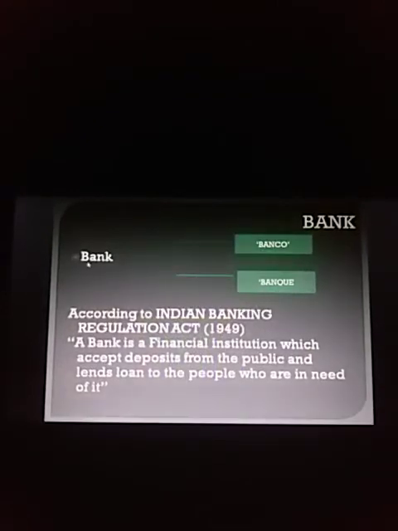The term bank has been derived from Italian word banco and French word bank. Both these words literally mean bench or money exchange table.